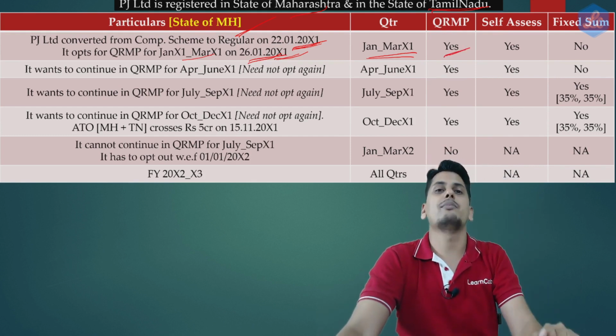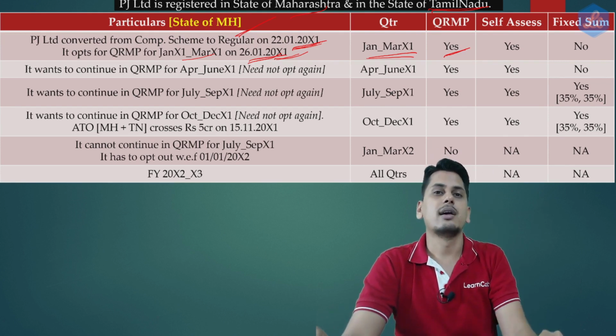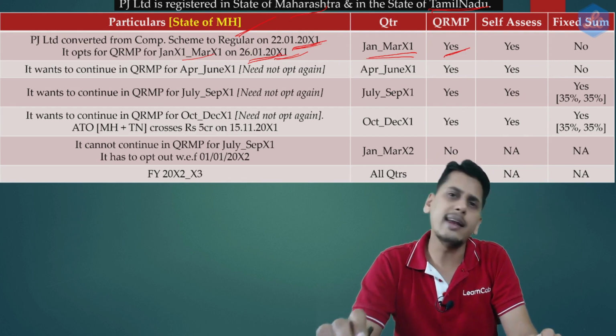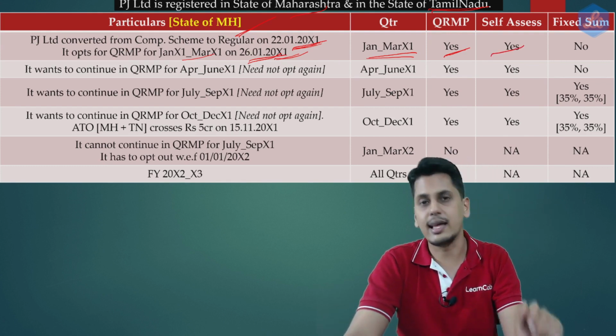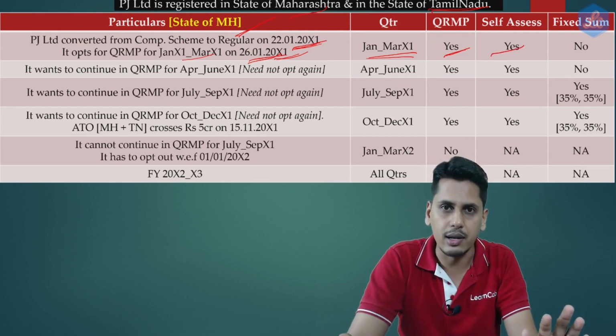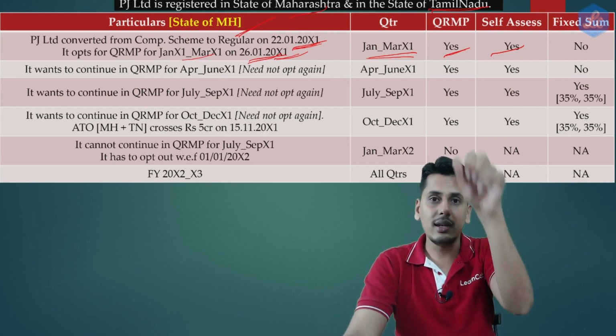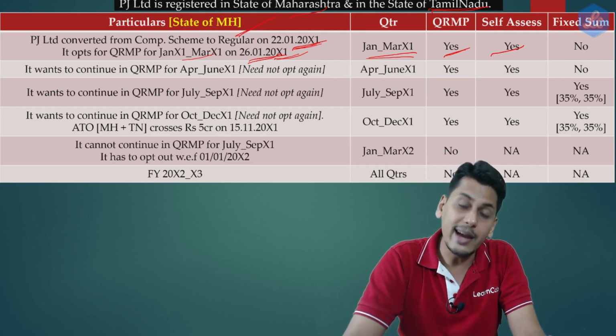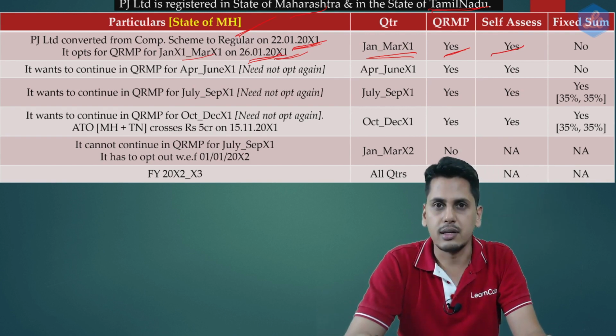After opting QRMP scheme, there are two methods, self-assessment method and fixed sum method. Can he go under self-assessment method? Yes, that is the default route which is always available. If QRMP scheme is available, self-assessment is also available always. Can he opt under the fixed sum method?